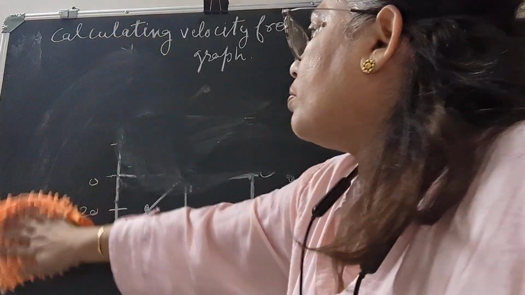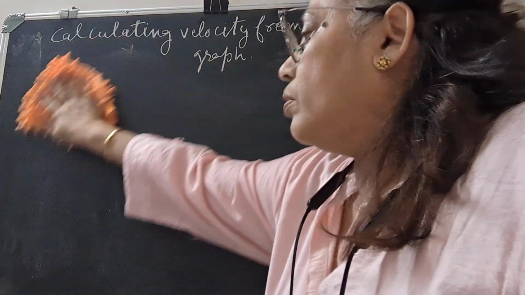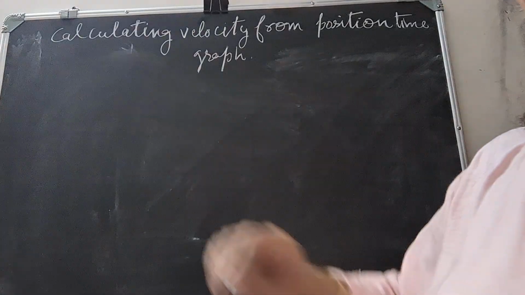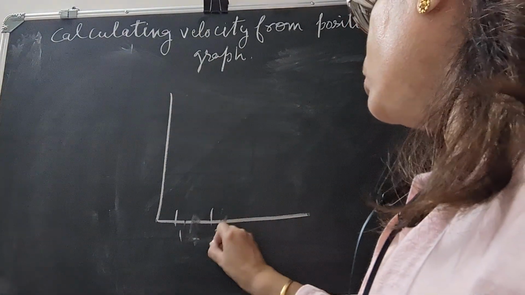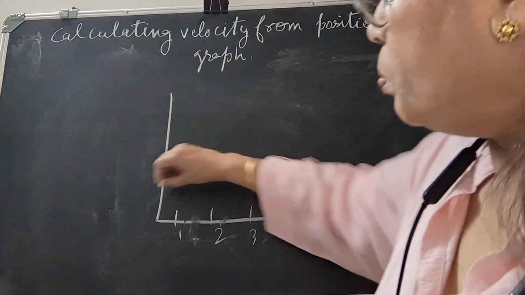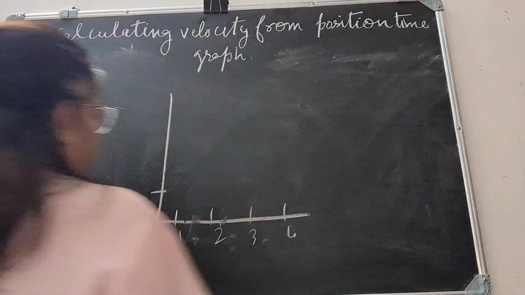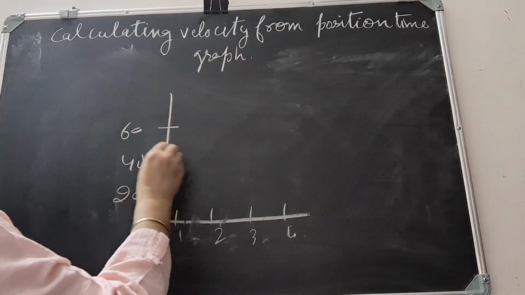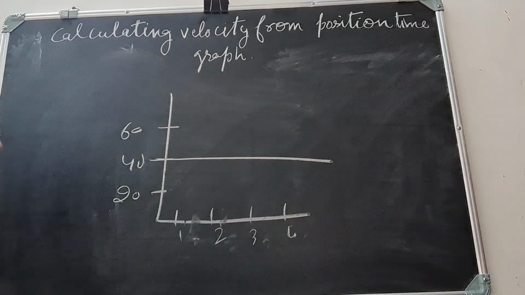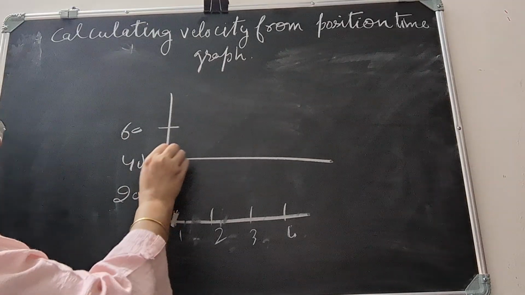Now let us take another example of a graph. Here we have time 2, 3, 4 and position 20, 40, 60, and we have a straight line here. This object is at 40 meters at 0 seconds.